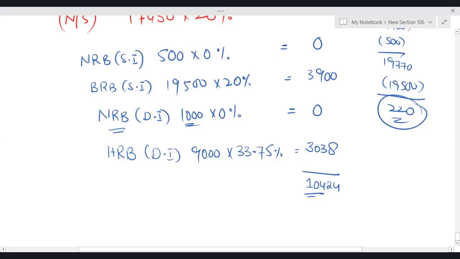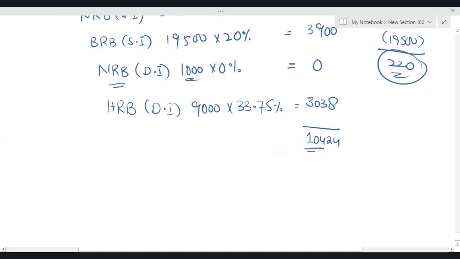Now, let me introduce a few more things. We have discussed that in the UK, only those individuals are required to pay income tax whose income is more than 12,570.